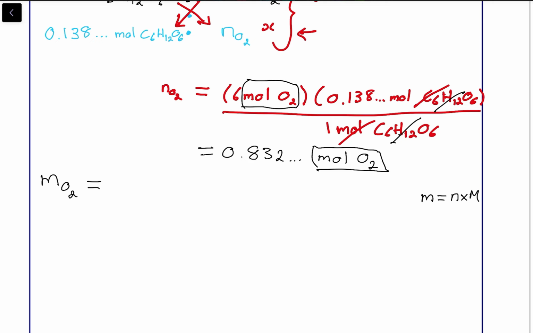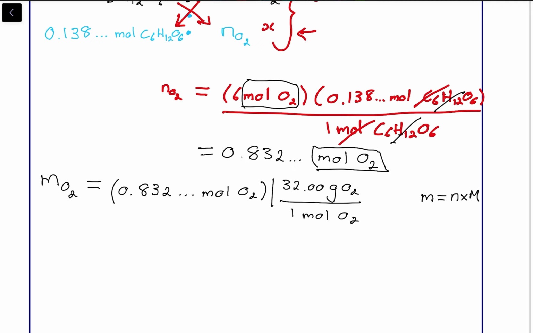So you would say, well, it is 0.832 and some numbers mole O2 multiplied by the molar mass, but in principle there are 32.00 gram O2 per 1 mole of O2.